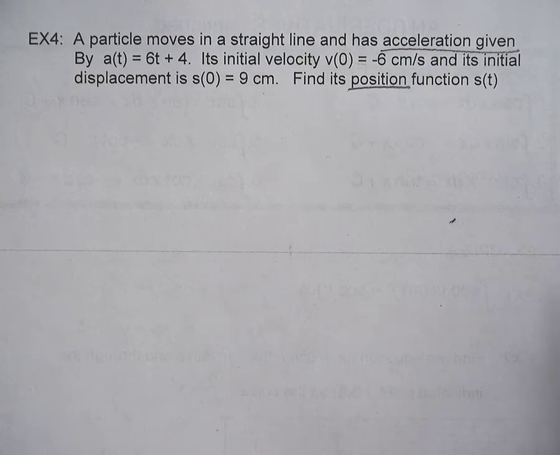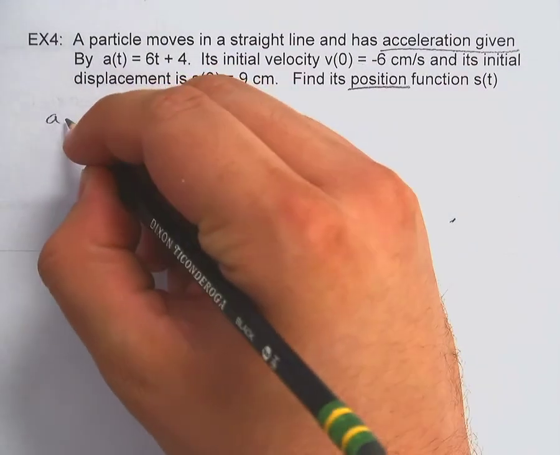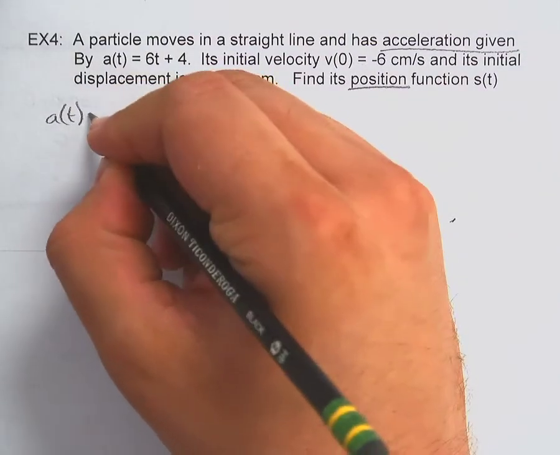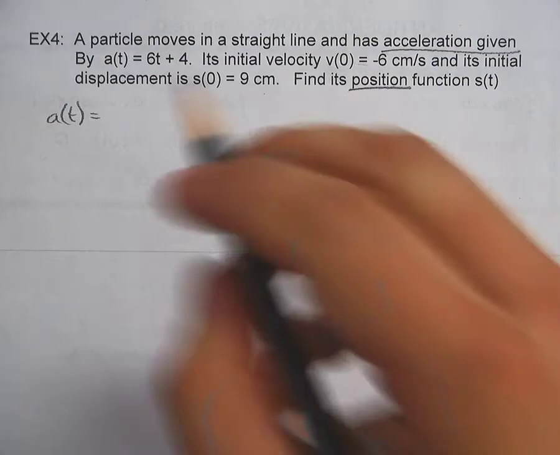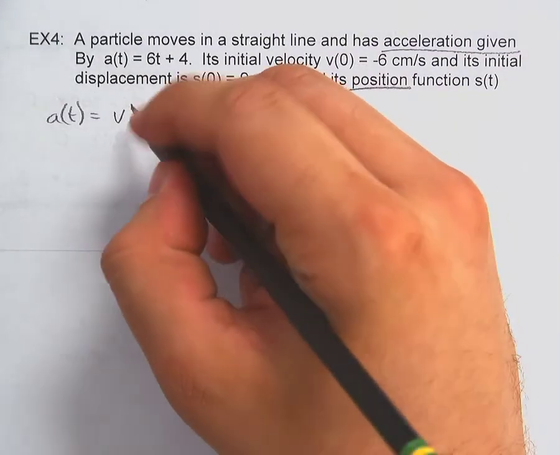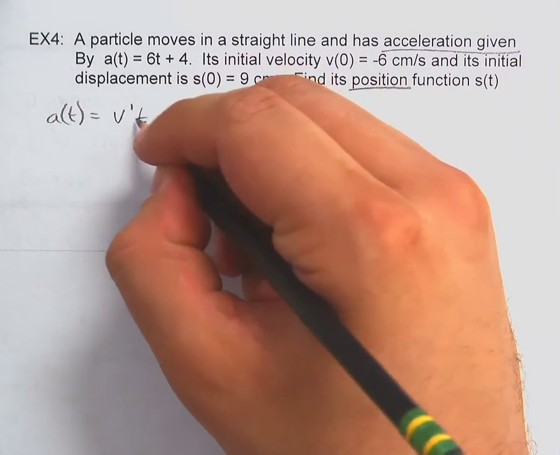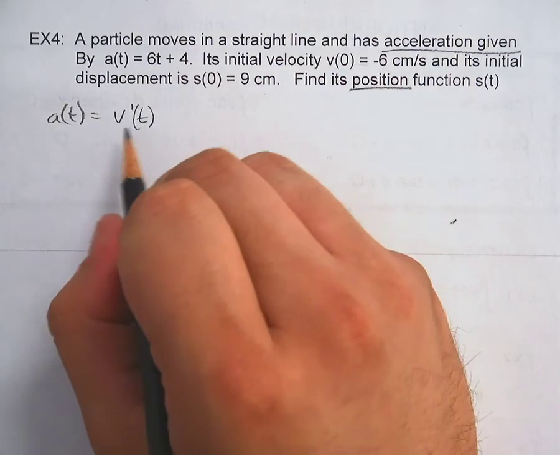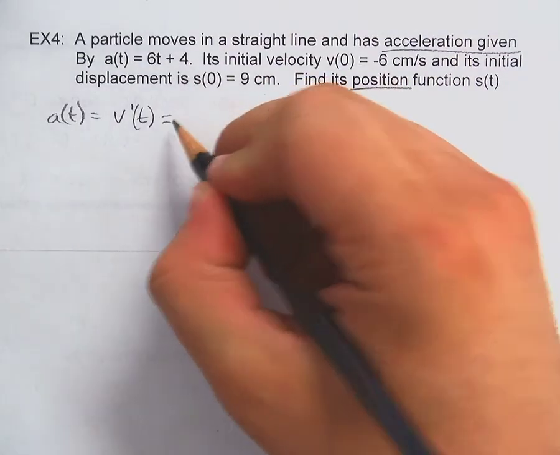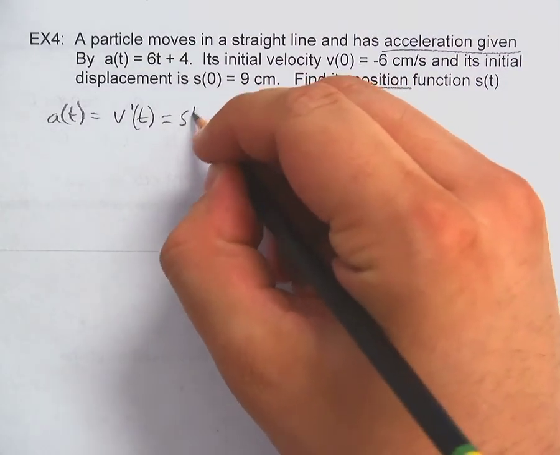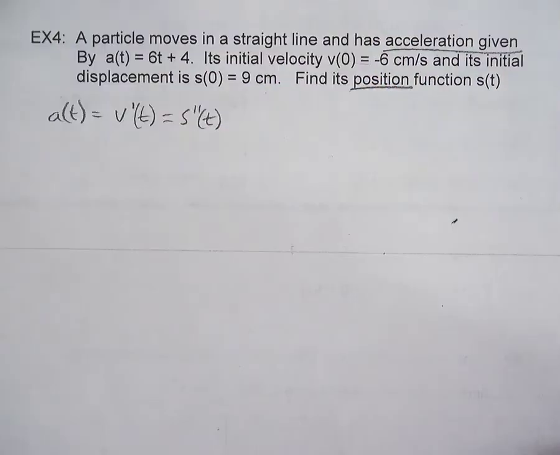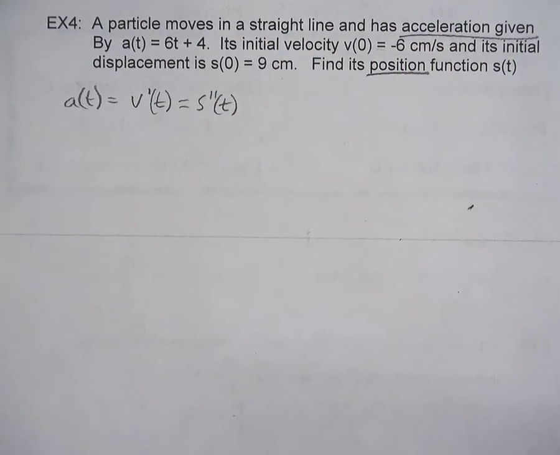They want me to find position given acceleration. So I'm going to underline those right there. Now remember, acceleration is what we're given. That's the derivative of velocity, and the second derivative of position. Okay?